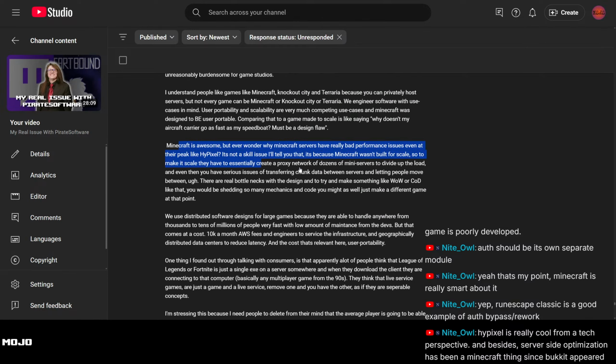I'm stressing this because I need people to delete from their mind that the average player is going to be able to stand up a scalable live service game from a dinky 32 gigabyte Linux VM running on an Oracle cloud. Not to mention a lot of these services are microservices, so to release the build without them, because they legally can't release them, as that would be actual IP abuse, would no longer have the game functional or playable to any remotely reasonable degree.